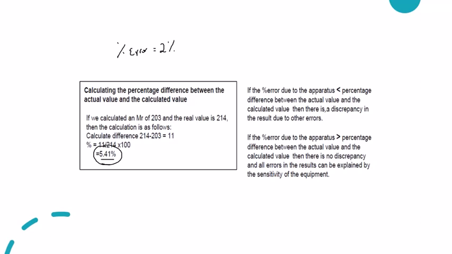There are many reasons, so other factors are there. If the percentage error due to the apparatus is higher, it means that the error is all due to the apparatus which we are using.